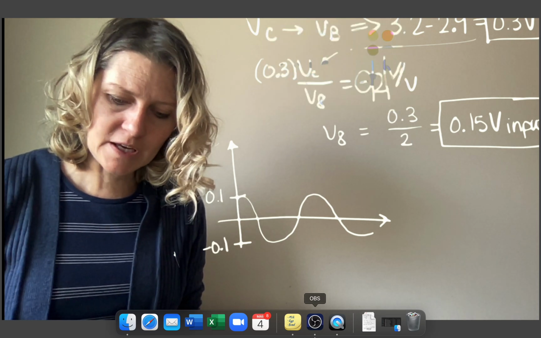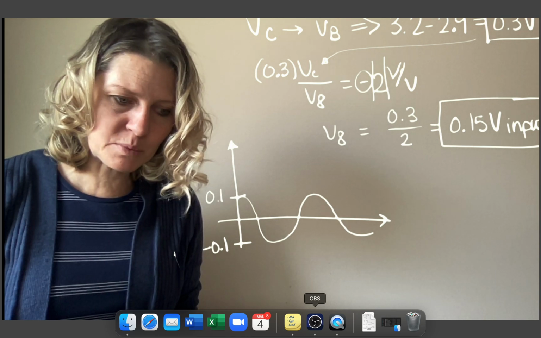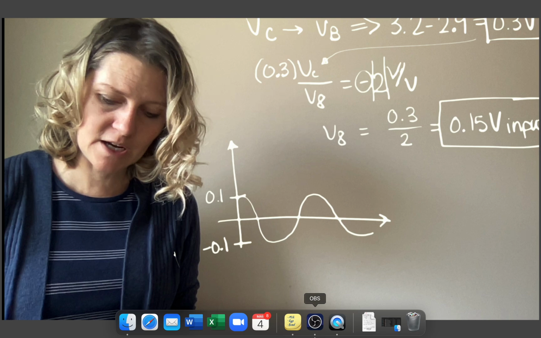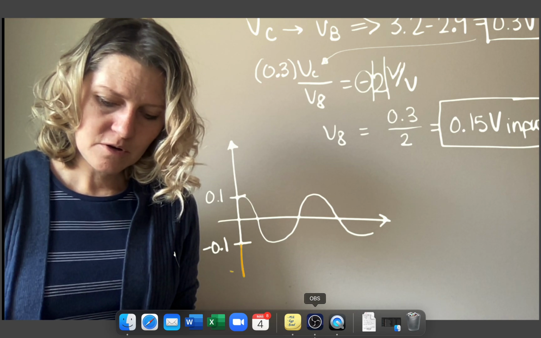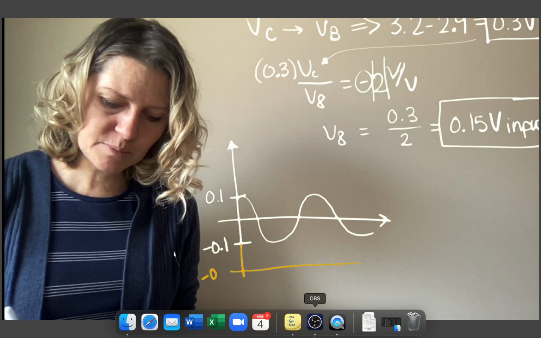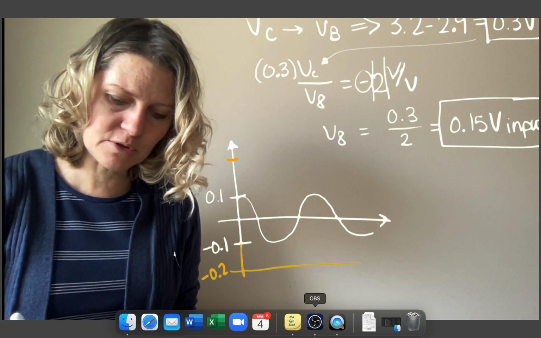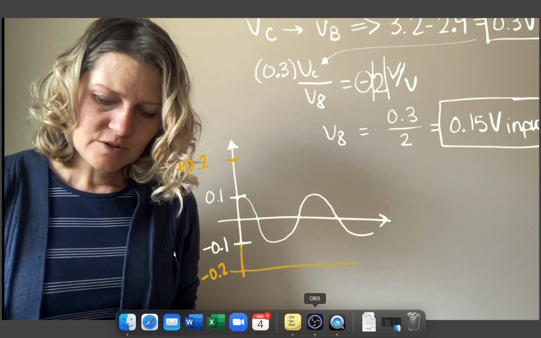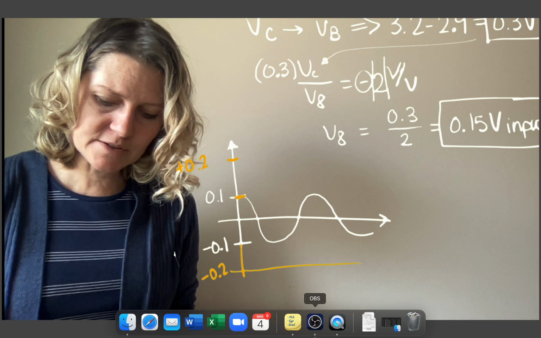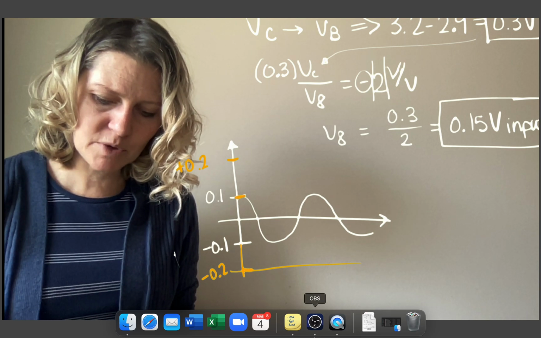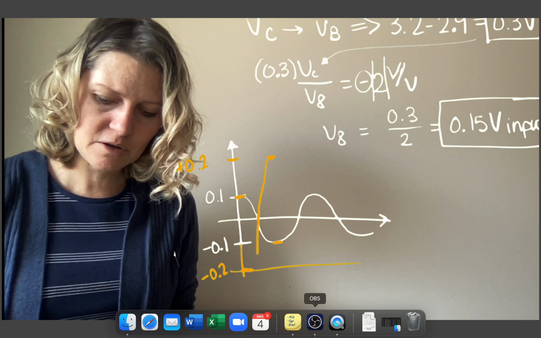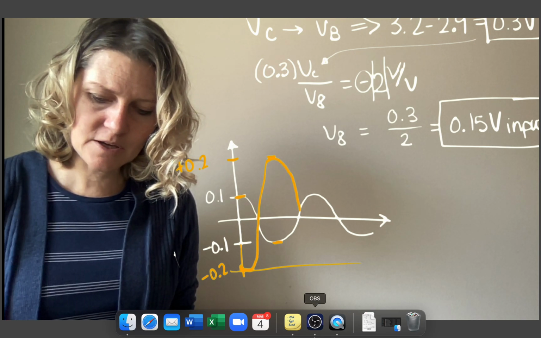My output then, when this is a positive, will be negative, and it will amplify it by 2. So it will go down to a minus 0.2, and it will go up to a plus 0.2. So when it's a positive peak there, it's going to be a negative peak. And when it's a negative peak, it's going to be the positive peak. So it will look like this in your output.